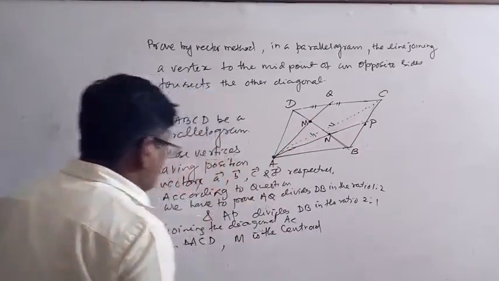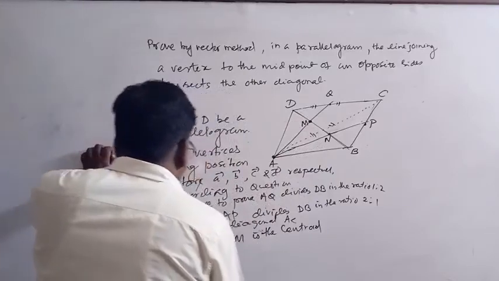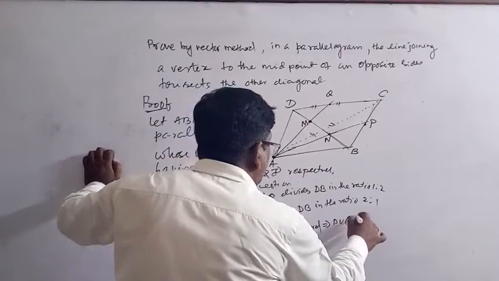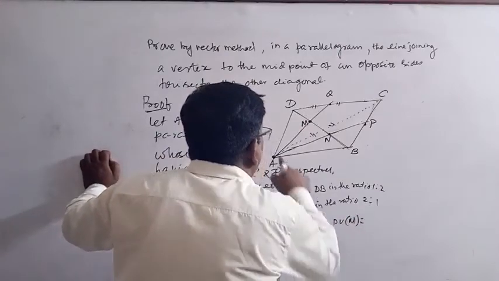So the position vector of M is equal to A plus C plus D by 3.